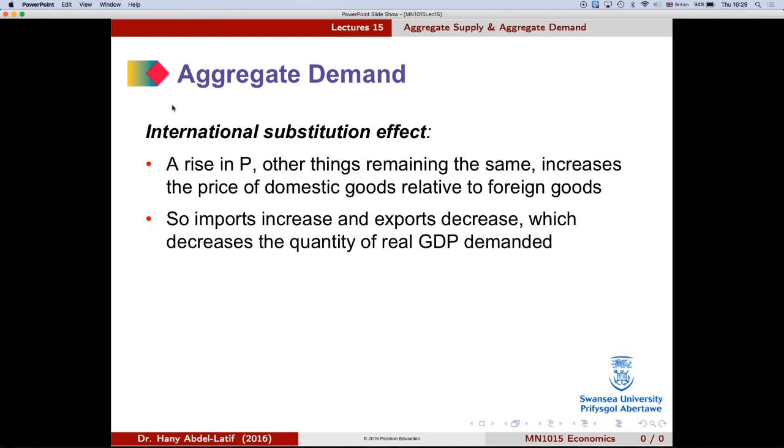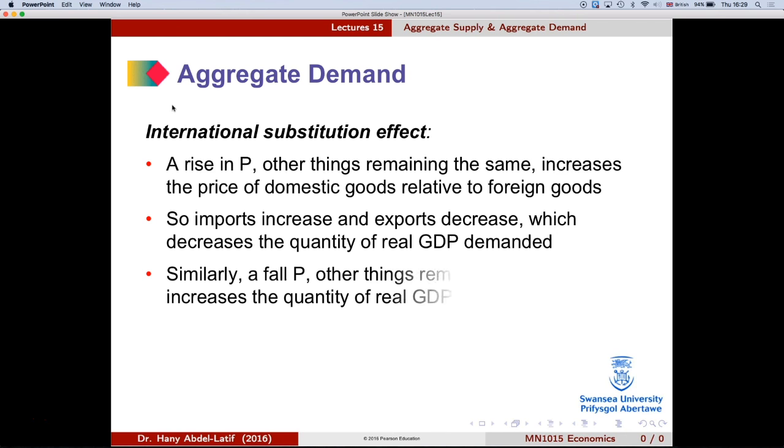Of course, if domestic products are relatively more expensive compared to foreign products, then imports will increase, because now it is cheaper to buy these products from abroad. And exports would decrease, because foreigners will not buy the same, since our products are relatively more expensive compared to buying from somewhere else. Both these factors will lead to a decrease in the real GDP demanded. So that's the other reason.